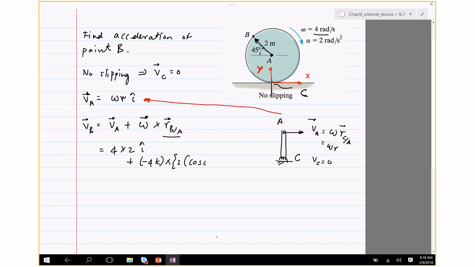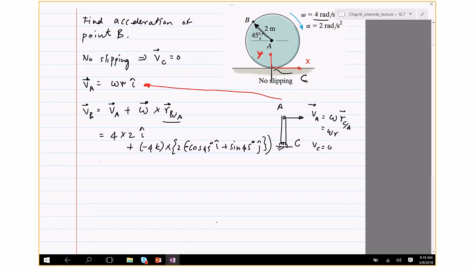Then if I resolve the same thing in the y direction, it's going to point upward, so plus sine 45 j. Okay, so this gives me 8i, 4 times 2 is 8, cosine 45 is 0.707, I think.